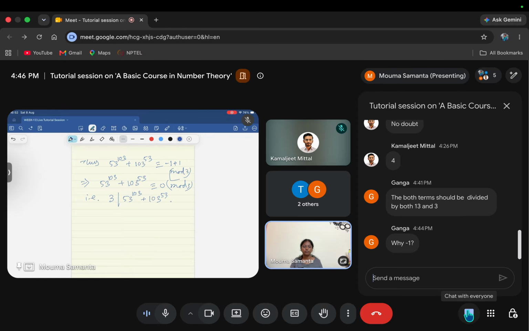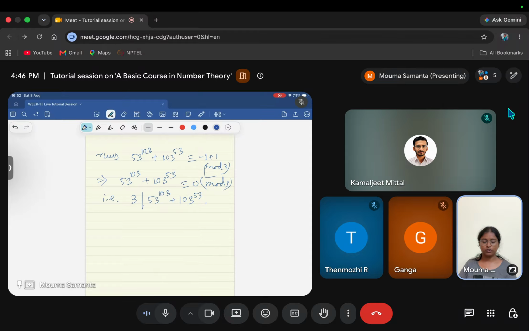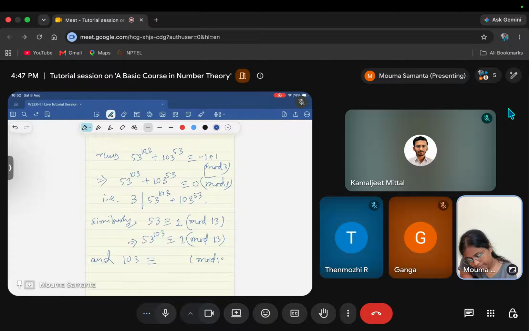Similarly, what you have to show? You have to show 13 is also dividing this sum. So similarly, if you divide 53 by 13, what will it give you? 53 is congruent to 1 mod 13, since 52 is divisible by 13, and therefore 53 power 103 is congruent to 1 mod 13. And 103, if you divide it by 13, what will be the remainder?